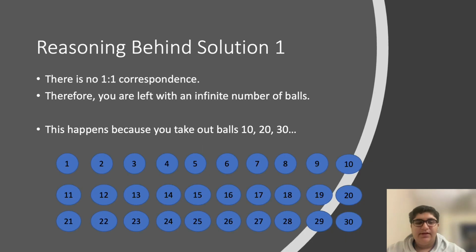Let me explain. The reasoning behind the first solution is that there is no one-to-one correspondence. Therefore, you are left with an infinite number of balls inside the infinitely big vase. This happens because you take out balls 10, 20, and 30. As you can see, this does not create a one-to-one correspondence because you still have 9 balls left over after each subsequent step.